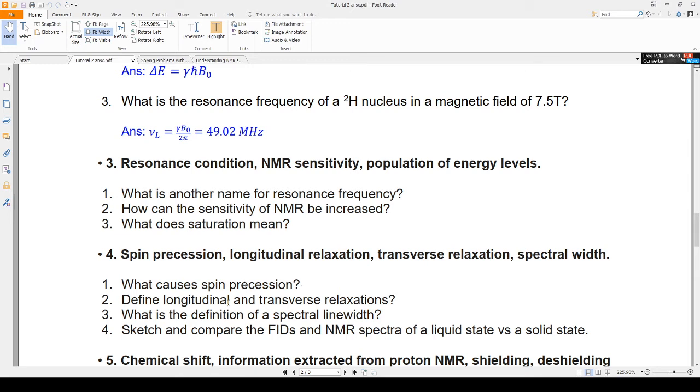The longitudinal, as I said, is magnetization along the z-axis, as we see in the spin precession. Eventually it's going to relax along the z-axis.